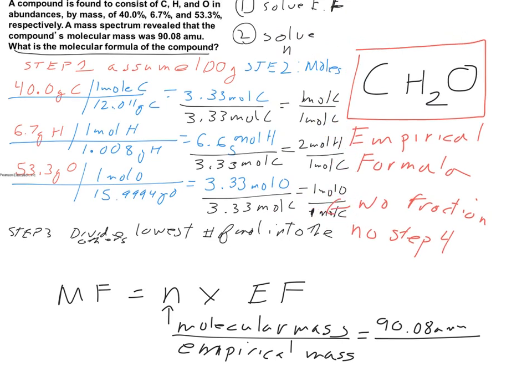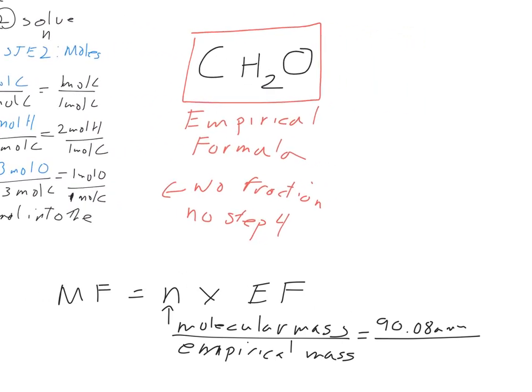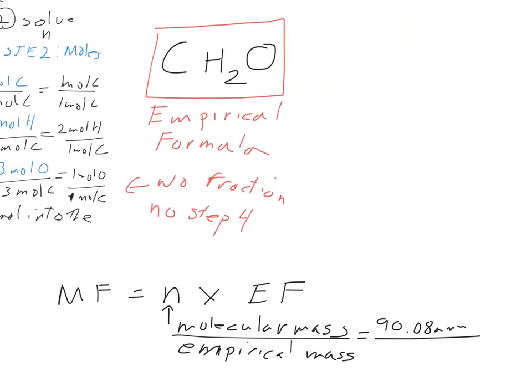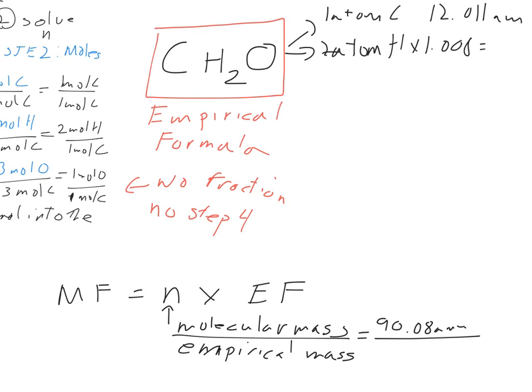We come over here and we say 1 molecule of this has 1 atom of carbon. 1 atom of carbon is 12.011 AMU. It has 2 atoms of hydrogen at 1.008 each for a total of 2.016 AMU, and 1 atom of oxygen at 15.9994 AMU.